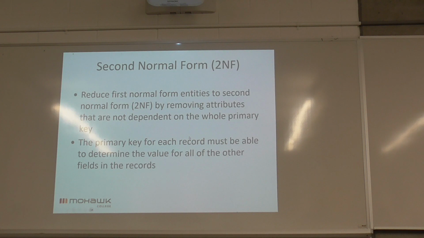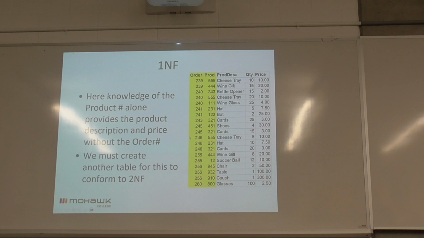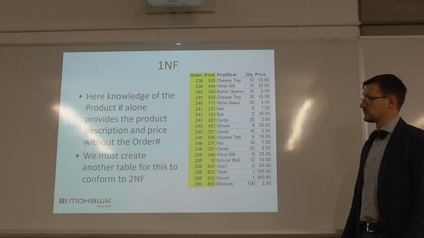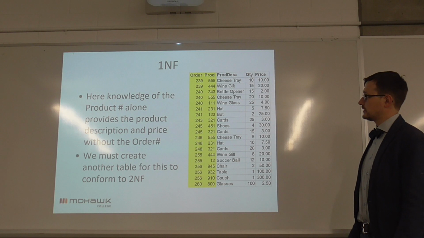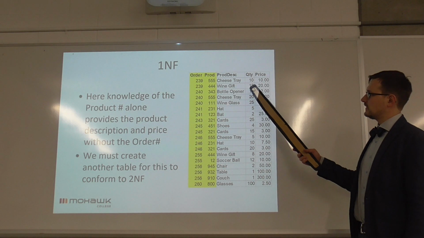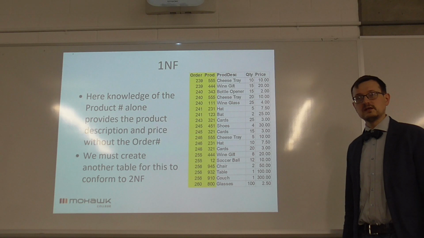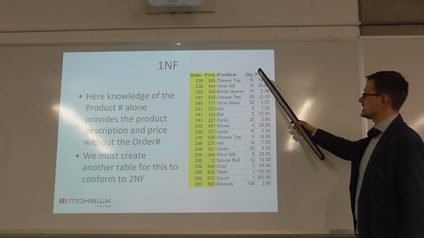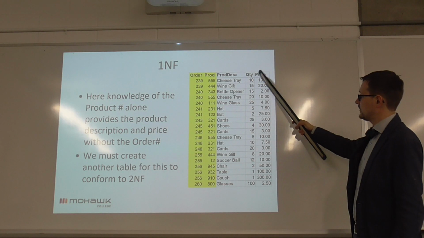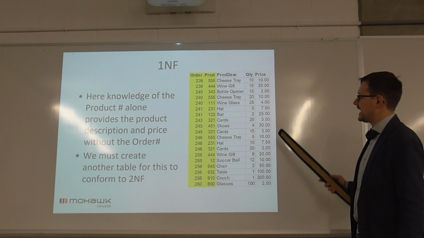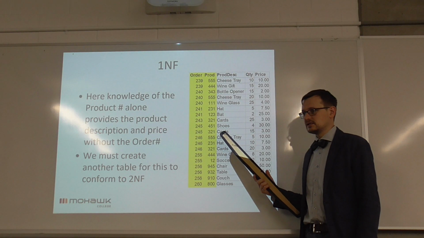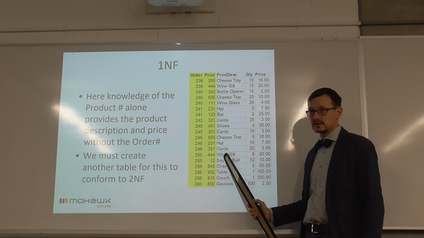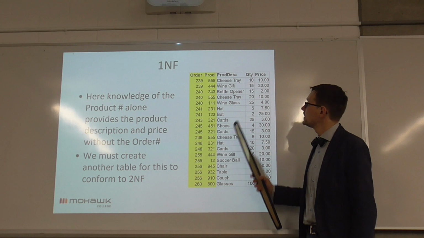So, here, knowledge of product number alone provides the product description and price without the order number. So if you consider this in terms of field dependency, product description and price are entirely dependent on product, right?